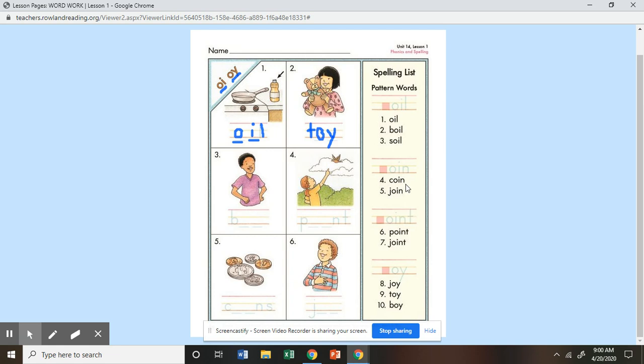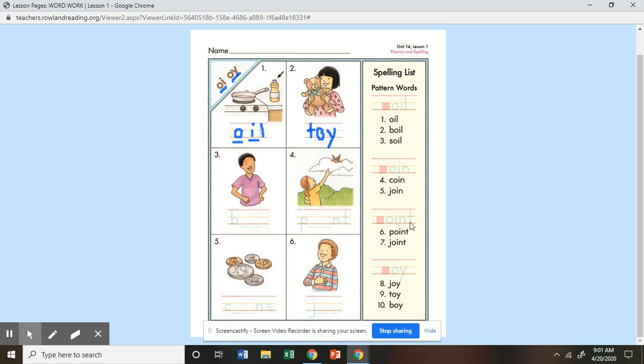Very good. Number 4, coin, join. Since these two words end with O-I-N, they rhyme. Keep noticing the O-I is in either the beginning or the middle of the word. It's never at the end.